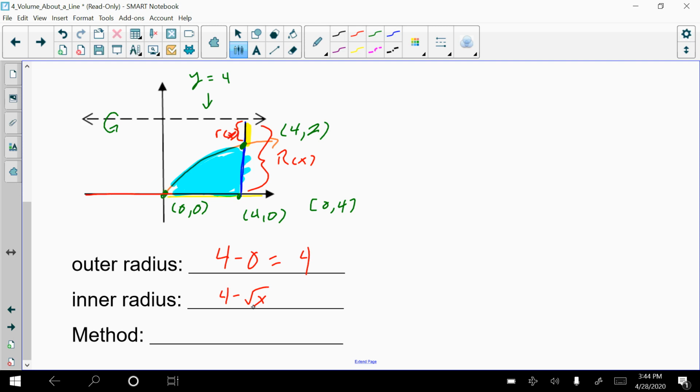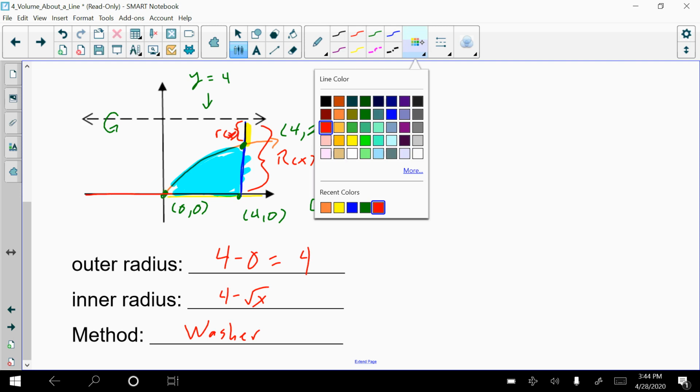Now the method here, as you can see, is very much the washer method approach. If you needed a quick refresher on what the washer method is, let me go to a different color here.